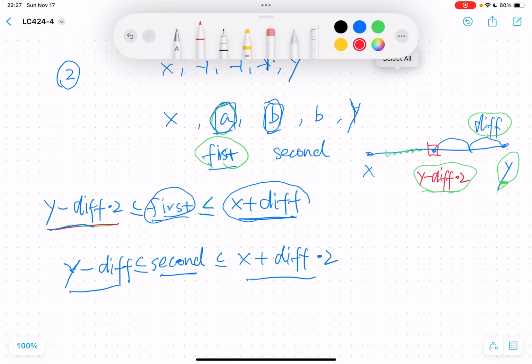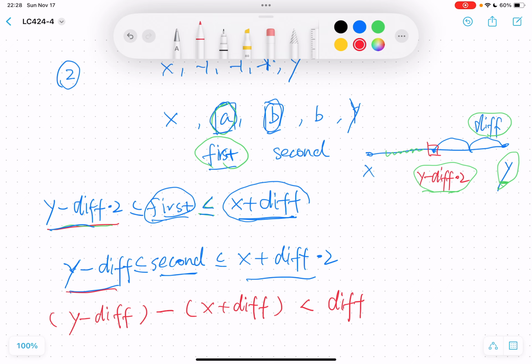That means we need to check x minus diff, this will be y minus diff minus the left end of the second minus right end of the first element should be less than diff.